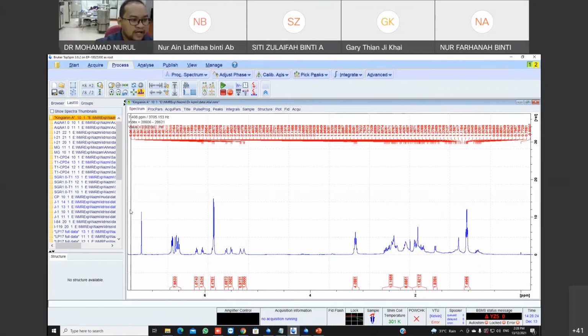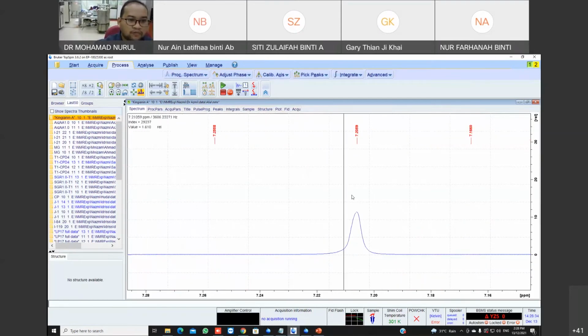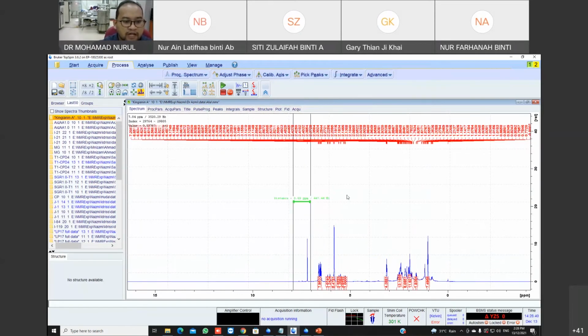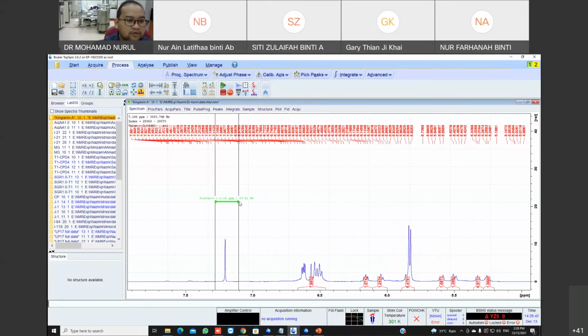Okay, so as I mentioned, you have to remember the reference peak. For these experiments, we are using chloroform D, and this is the peak for chloroform D, 2.7059. This is not the correct value. And how can you do that?